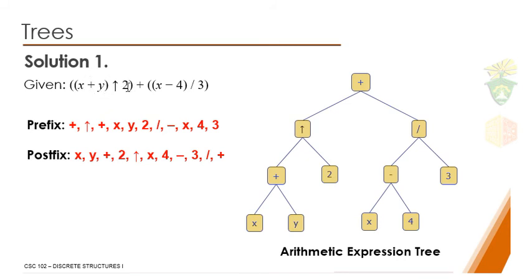So, ang iyang left child, muna, and then right child. And then, sa right child ni plus, ang iyang child is si division. And then, left niyang child and then right. So, this is our expression tree, arithmetic expression tree.